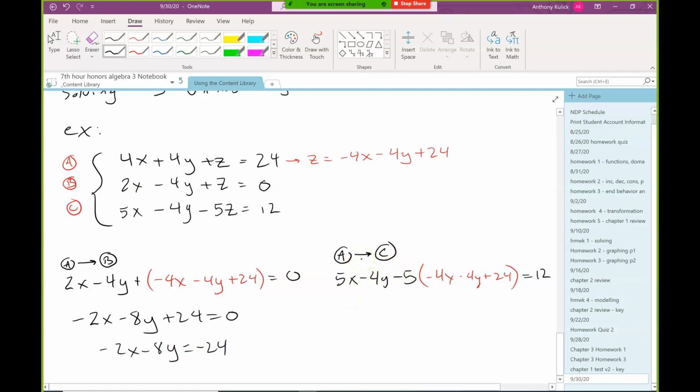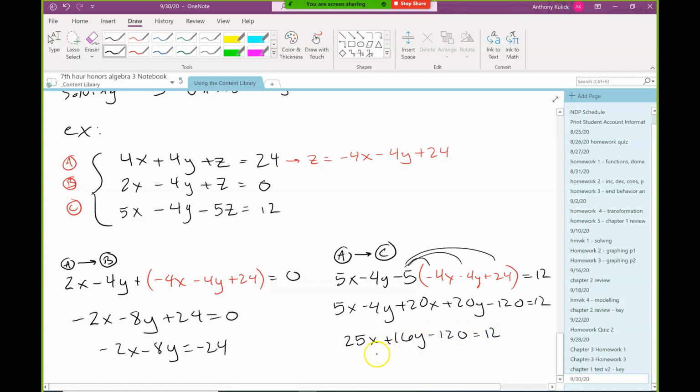And then for my second equation, where I've plugged A into C, I have to distribute this negative 5. Negative 5 times negative 4 is positive 20. And negative 5 times positive 24 is negative 120. And if we combine these, 20x and 5x is 25x. Negative 4y and positive 20y is positive 16y.